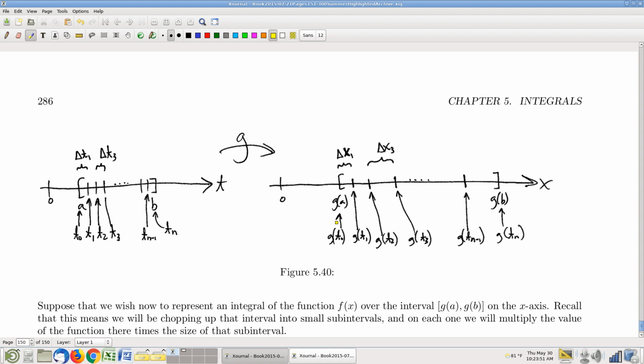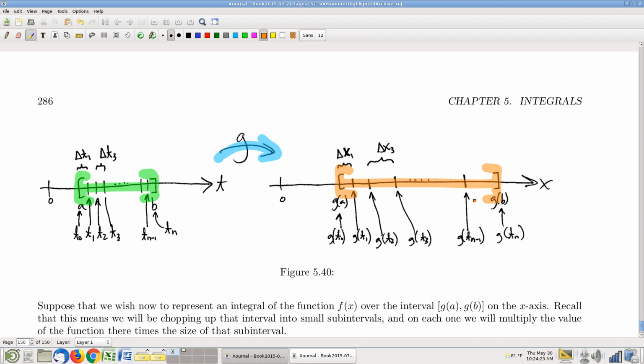And notice, innocent observation, if you have an interval from a to b on the t-axis, those numbers, if you plug into this function g, if x is g of t, then that means that these numbers that come out are the interval from g of a to g of b.